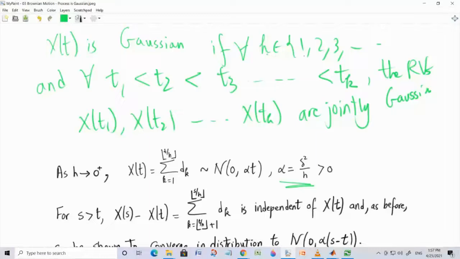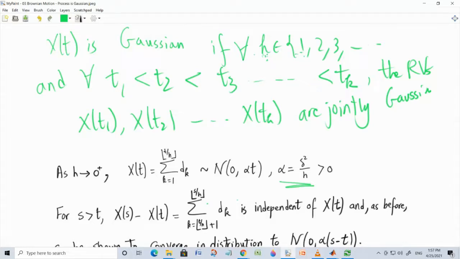Note that if k is equal to 1, we are talking about just one time instant, and this is what we have done so far. Fixing t, yes, x of t is Gaussian with variance alpha t. But we need to show this for any finite collection of time instants. So k can be any natural number, perhaps a trillion.